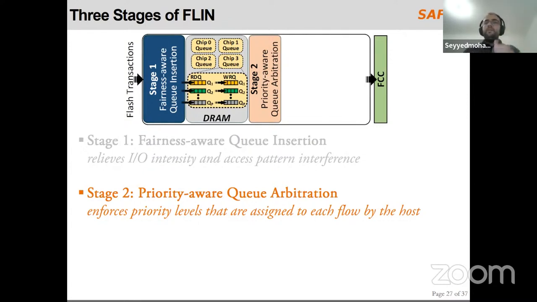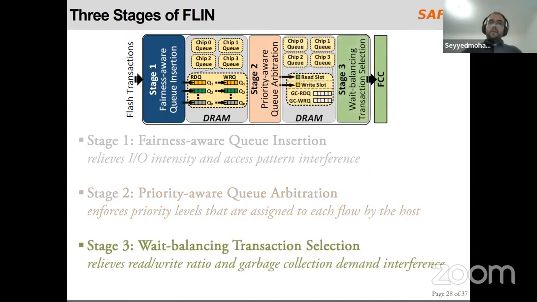We do weighted round-robin arbitration across these flows, and we select from the head of that flow. The goal of stage 2 is to select one transaction from one of these priority queues and send it to stage 3.